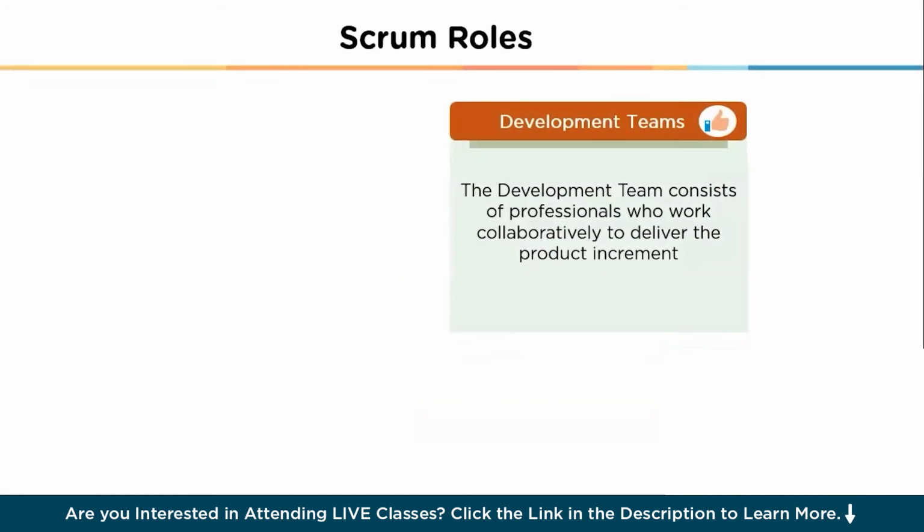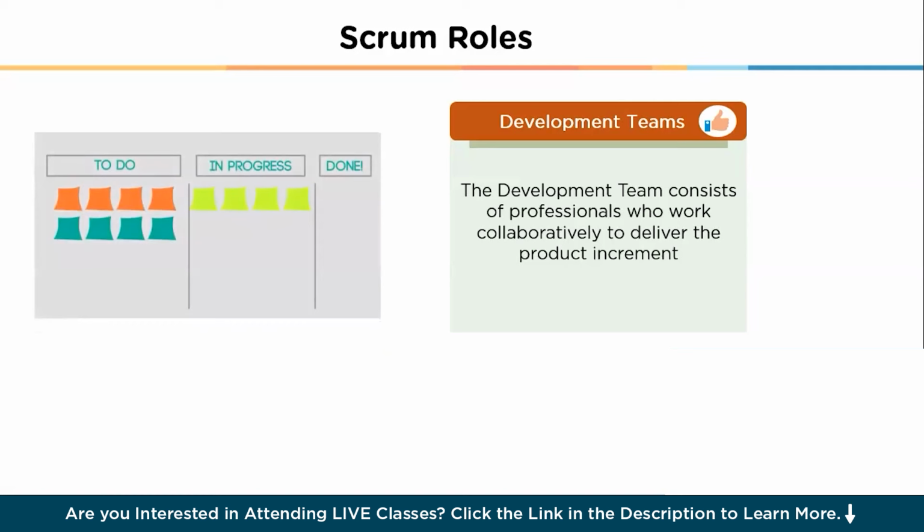The next one we have is the development team. So guys, the development team consists of professionals who work collaboratively to deliver a product increment. This self-organizing team is cross-functional, meaning it possesses all the skills necessary to complete the work without relying on external sources. The development team is accountable for creating high-quality increments that meet the definition of done.